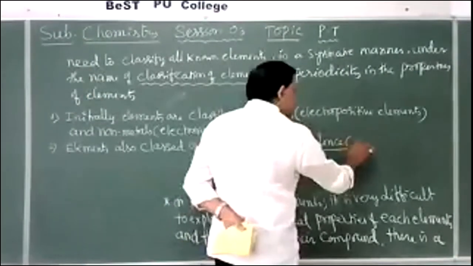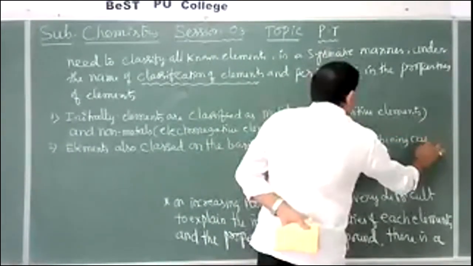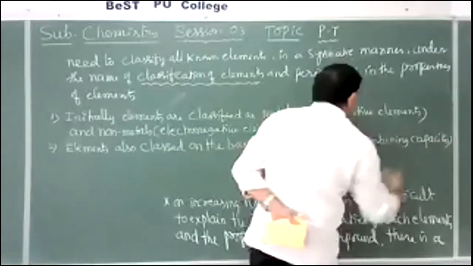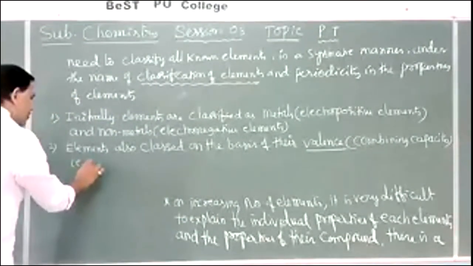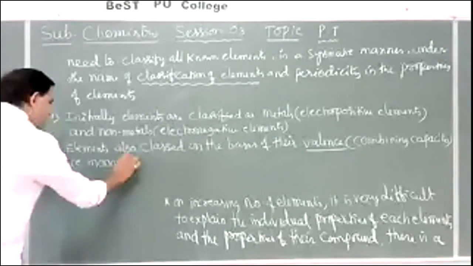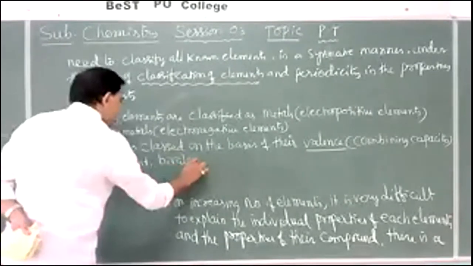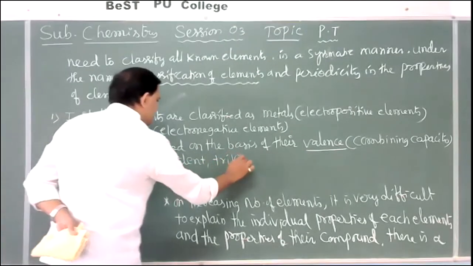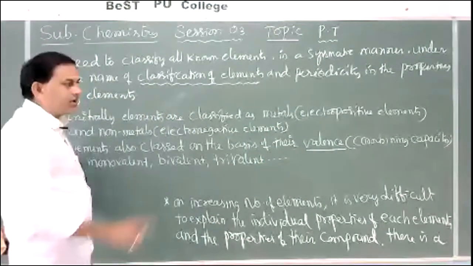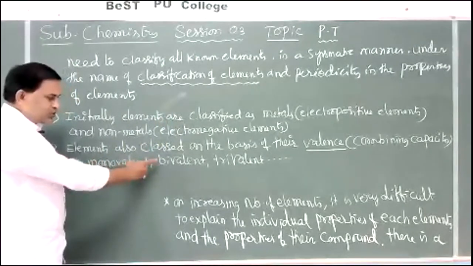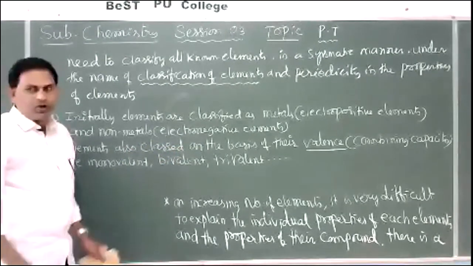Their valency may be monovalent, bivalent, trivalent, tetravalent, and so on, based on a combining capacity of one, two, three, and so on.